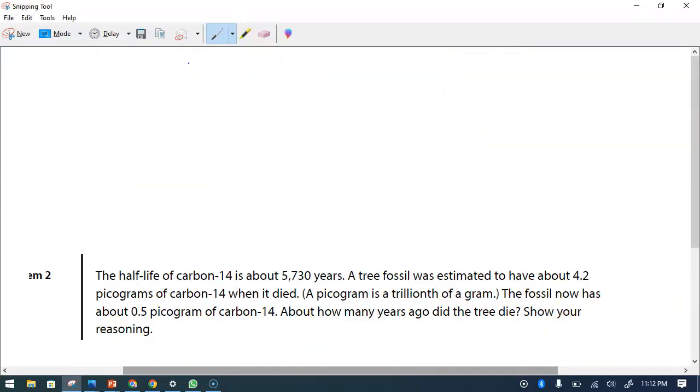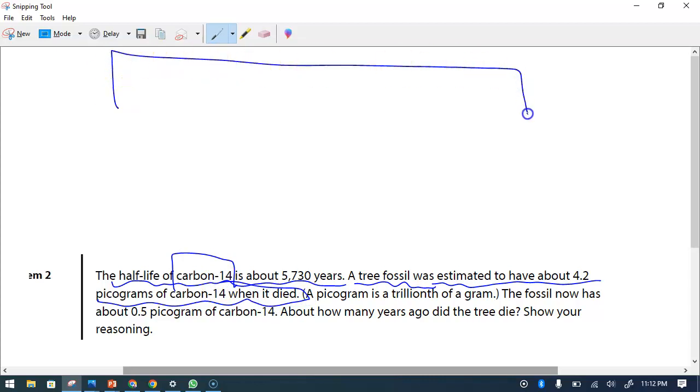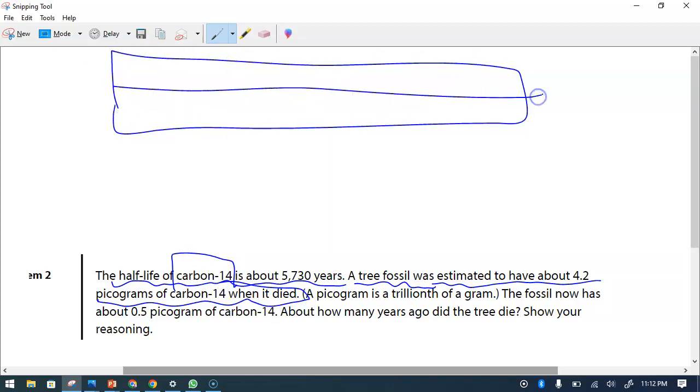Okay, the second question. The half-life of carbon-14. Again, the same kind of question, speaking about carbon-14. So a tree fossil was estimated to have about 4.2 picograms when it died. That's the beginning, right? So if you make a table, that means in the beginning it was 4.2, so I'll write 4.2 right here.